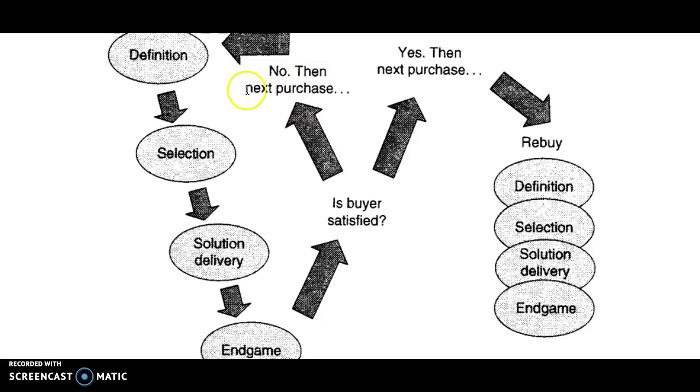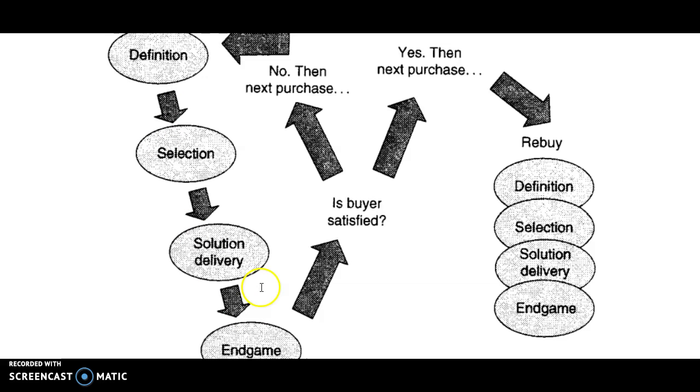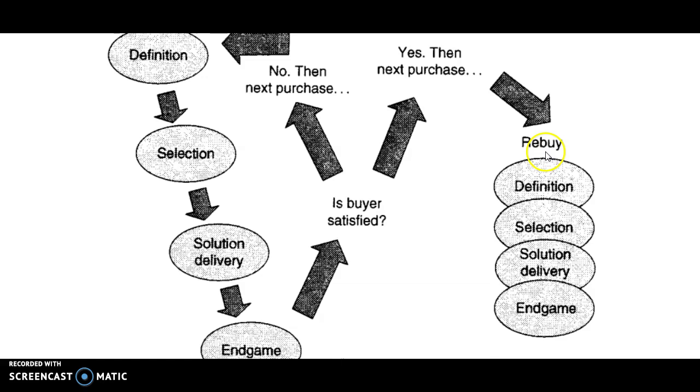If no, then the next purchase will begin with the new task definition, selection, delivery, end game. But if the buyer is satisfied, yes, then for the next purchase, it turns to a rebuy, where the definition, selection, solution delivery and end game overlap.